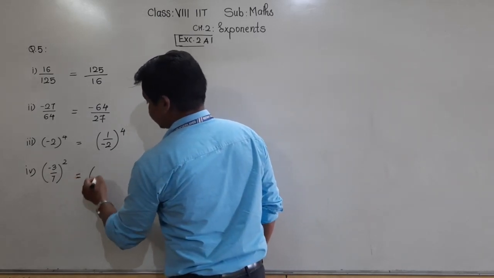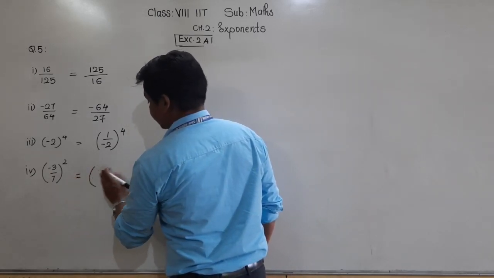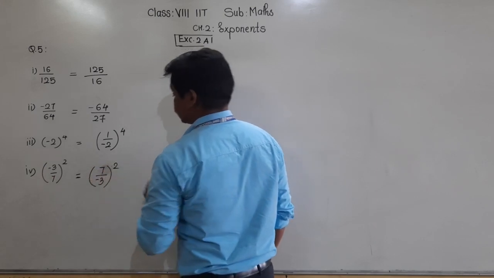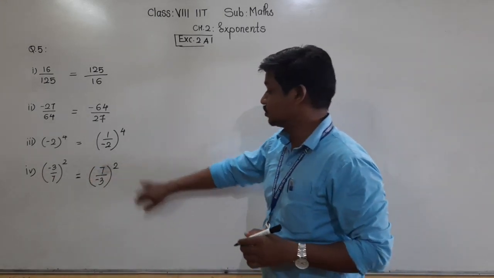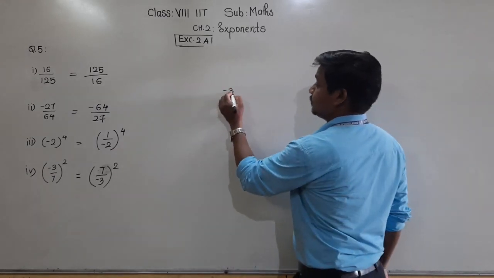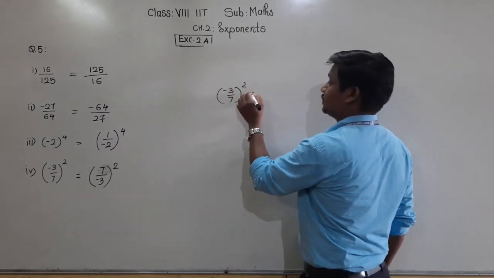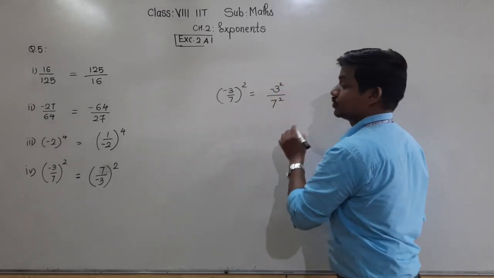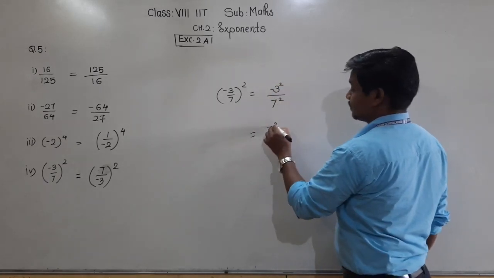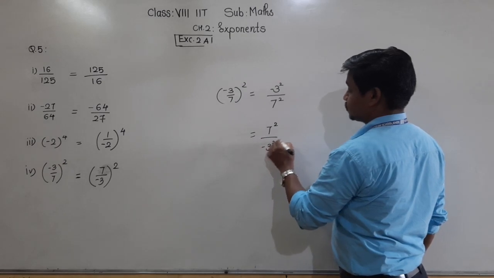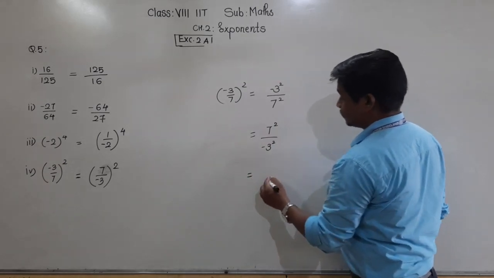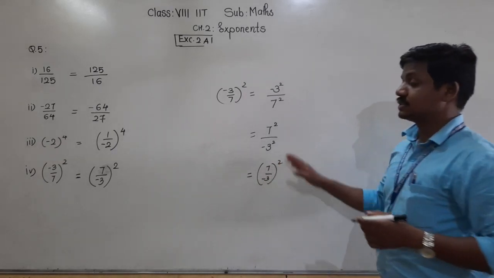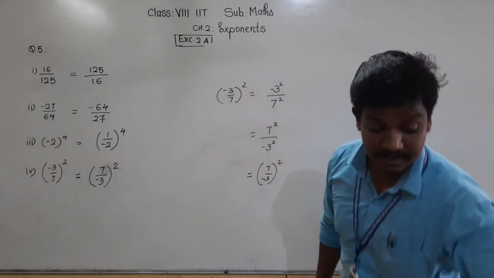So the reciprocal of this is 7 upon minus 3 raised to the power 2. Because minus 3 upon 7 raised to the power 2 means minus 3 raised to the power 2 upon 7 raised to the power 2. So this can be written like this: 7 raised to 2 over minus 3 raised to 2, and they have a common exponent. That's why 7 upon minus 3 raised to the power 2 is the reciprocal.